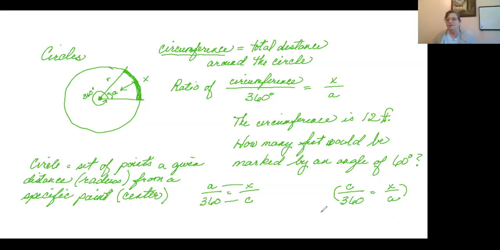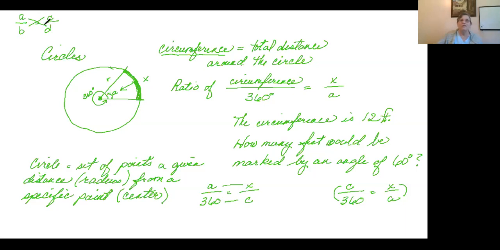It may look a little different, but when you cross multiply, recall that if we've got 2 fractions that are equal, the cross products of a numerator from one fraction and the denominator from the other fraction are going to be the same.